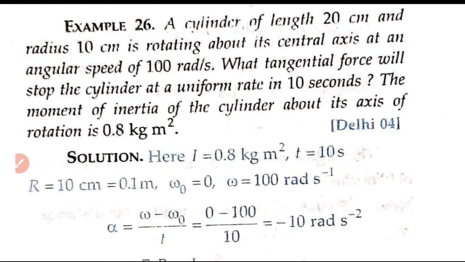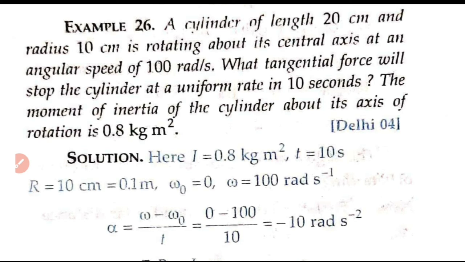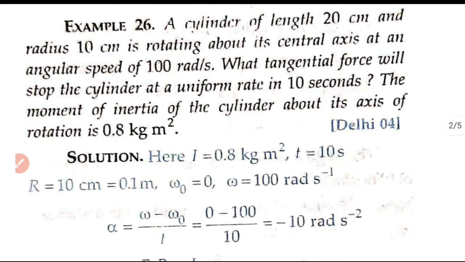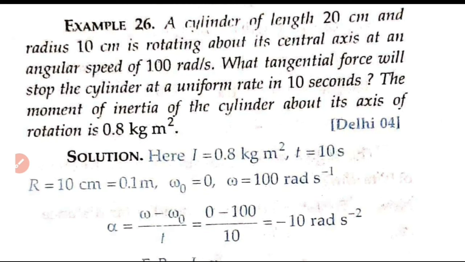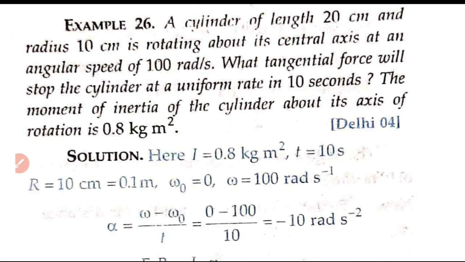So omega 0 is 100 and omega is 0, and time is 10 seconds. From that data we can easily calculate alpha. Alpha equal to omega minus omega 0 by t, so we have minus 10 radian per second square, and we are asked to calculate the force.